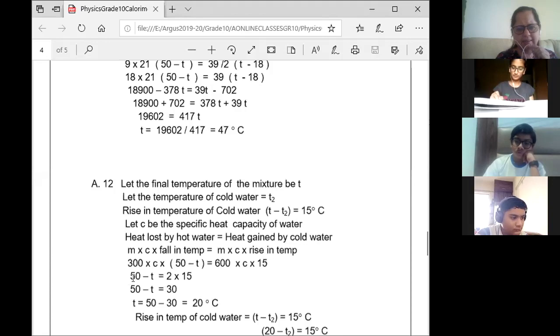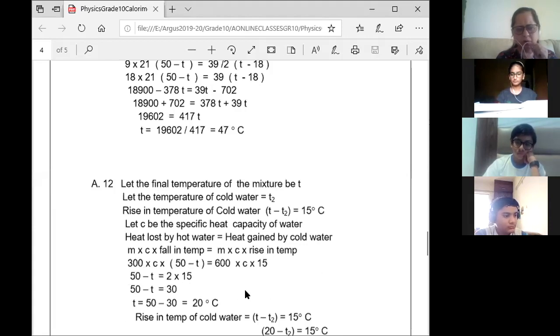So C gets cancelled. I take 300 this side, so 600 divided by 300 becomes 2. Can you see 300 comes in the denominator? So 50 minus T equal to 2 multiplied by 15. So 50 minus T equal to 30. So T equal to 20 degrees Celsius.